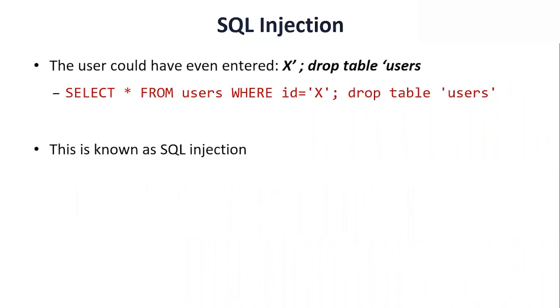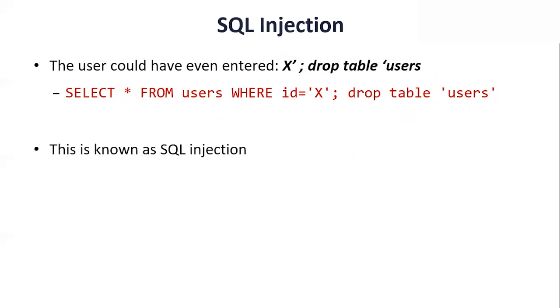Or the user could have even entered something like this. Then our query becomes select all from users where ID equals X, and then there's this semicolon, so that actually ends the query here. And then we have another text, drop table users.